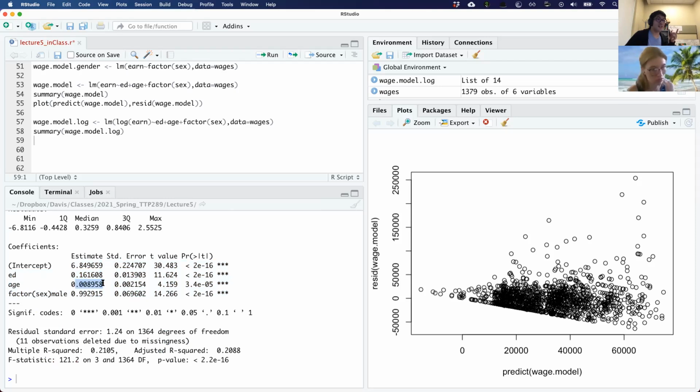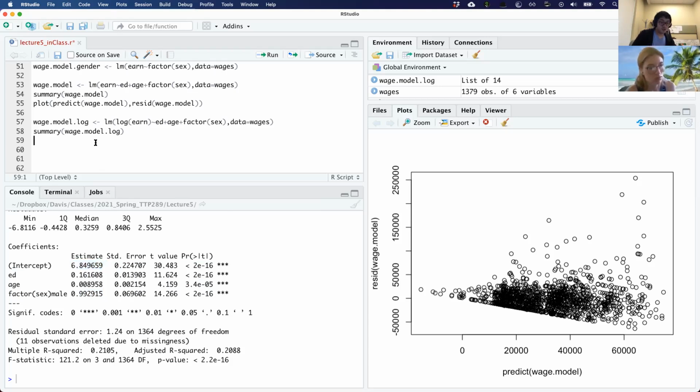For every year in age increase, a little less than 1%. If you are male, you make approximately 100% more than females on average. All of our interpretations are slightly changing here. I can't interpret the intercept without doing this backwards transformation, unfortunately.